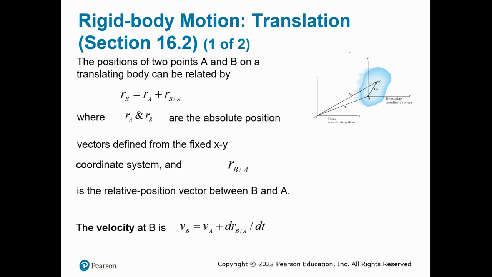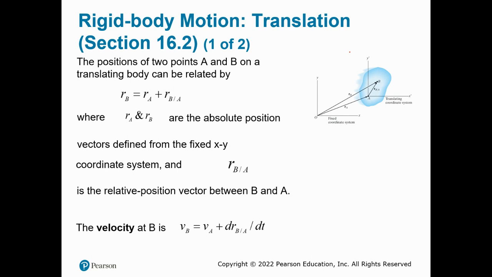Next definition that we're going to look at is relative position, absolute position, relative position, and acceleration as well. The position of two points A and B on the translating body can be related as rB equals rA plus rB/A. Over here, rA, rB and rB/A are all vectors.